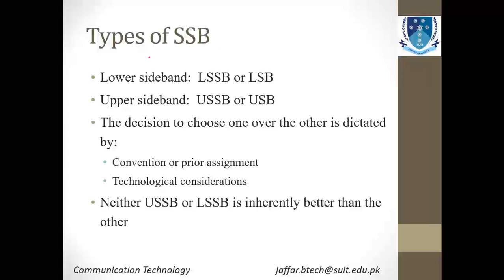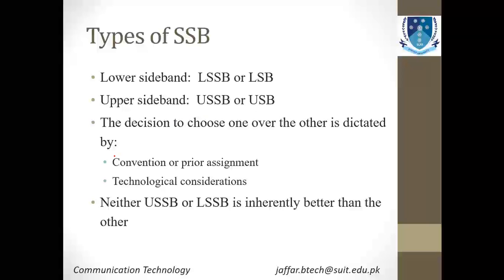The first one is the lower sideband, or LSSB, or simply LSB, and the second one is the upper sideband, or USSB, commonly known as USB. So the question comes here: which factors decide whether to choose the upper sideband or lower sideband? There are several things involved.